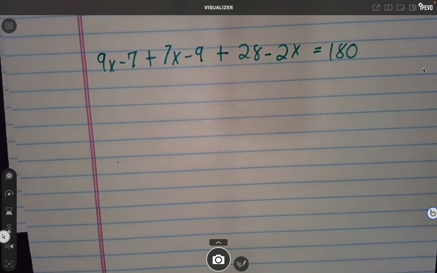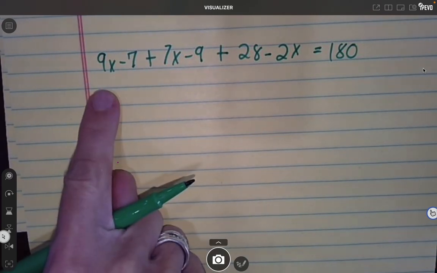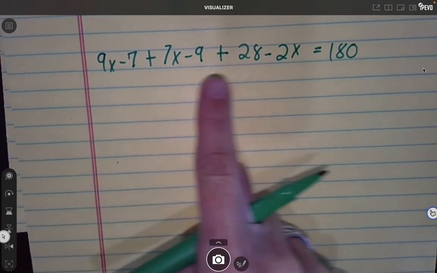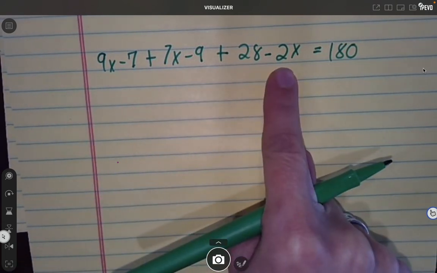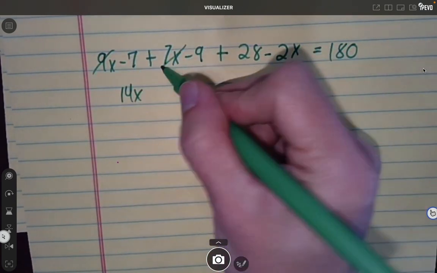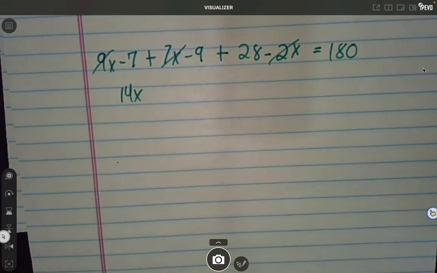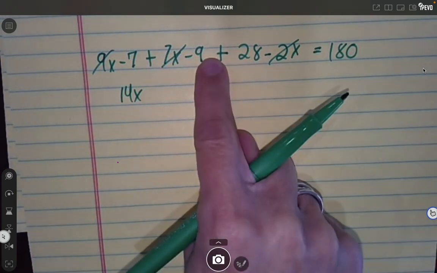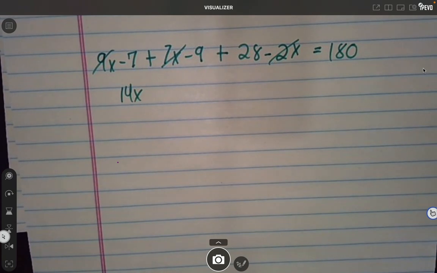Now we combine like terms. My 9x, my 7x, and minus 2x is going to be what? 14x. Now let's add our other numbers. 28 minus 9 minus 7. Is that 10?